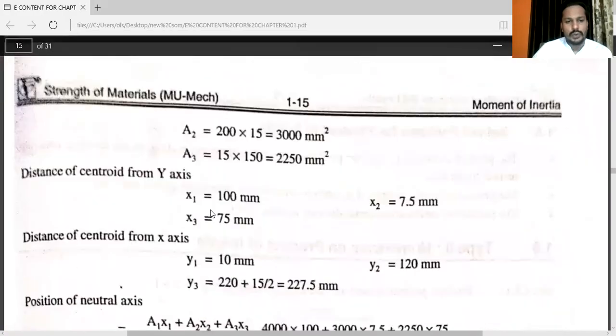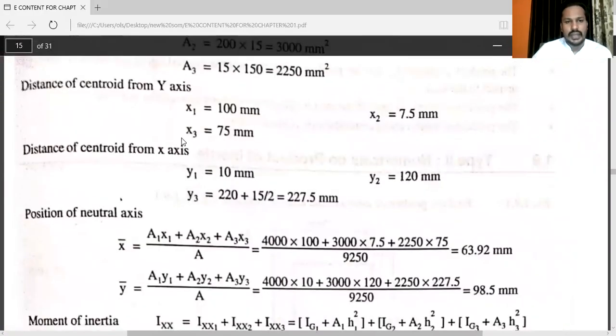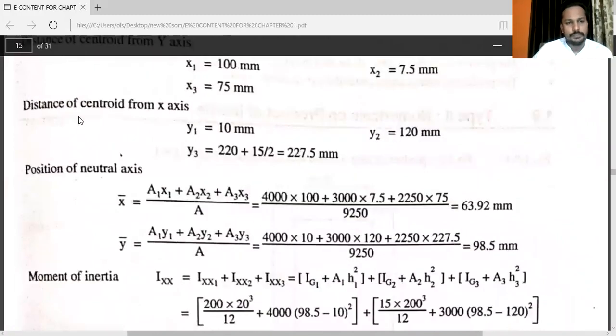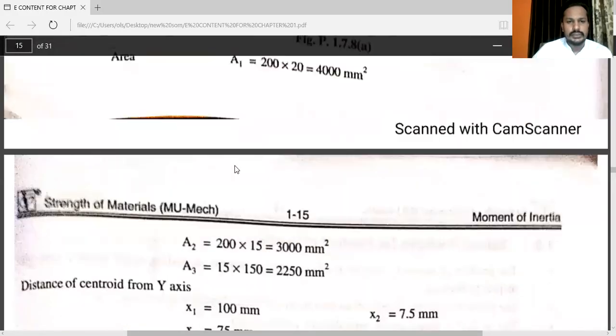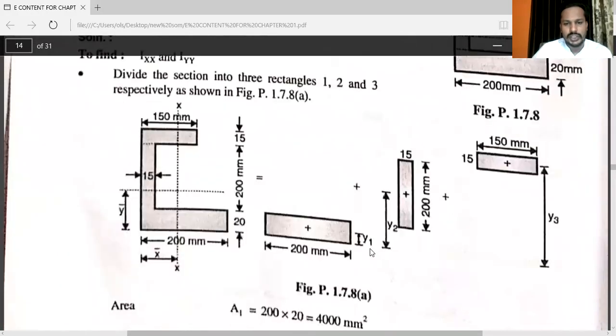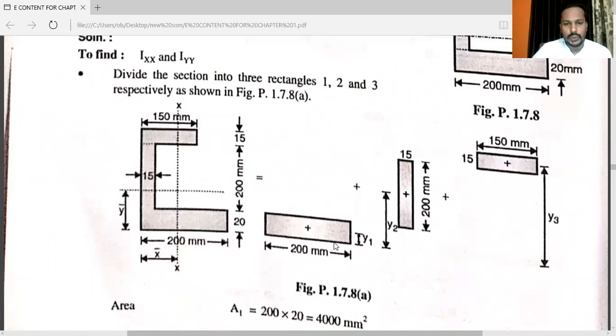You know how to calculate x1, x2 and x3. Now similarly, the distance of a centroid from x-axis will be y1, y2 and y3. In this diagram you can see this one is the y1 distance, this one will be y2 distance and this one will be y3 distance. You know how to calculate y1, y2 and y3.